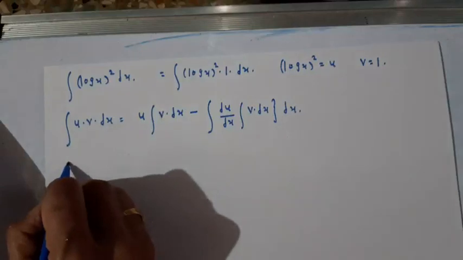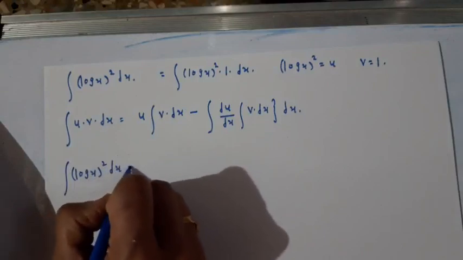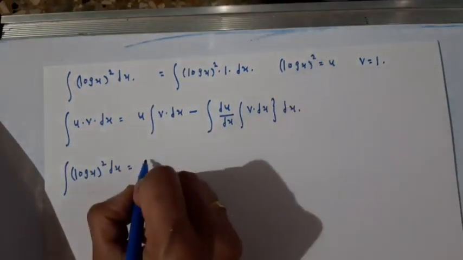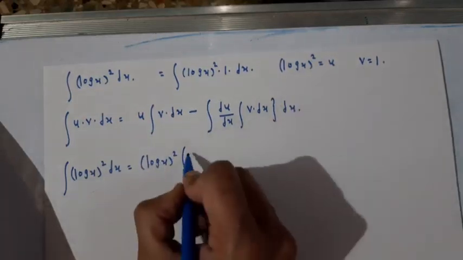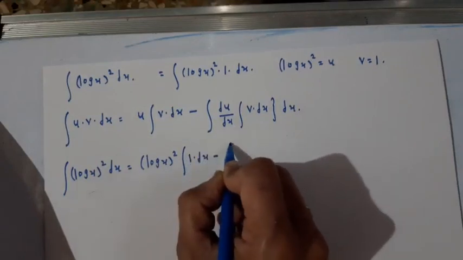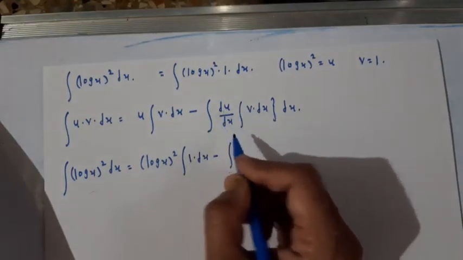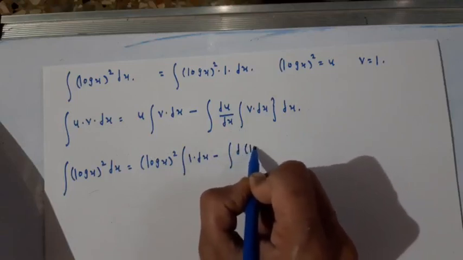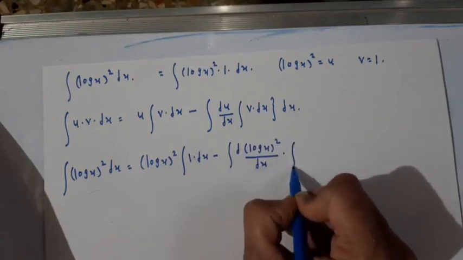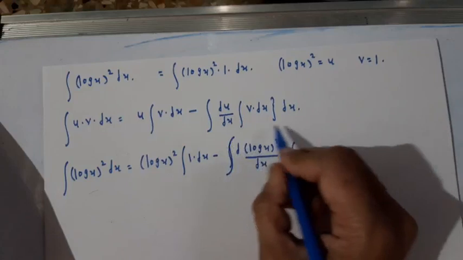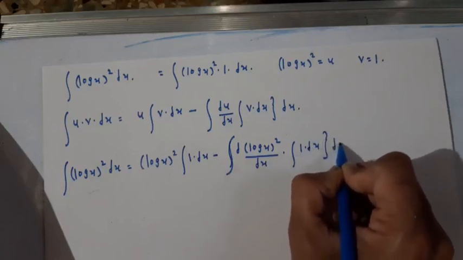So here the integration of log of x whole square with respect to x equals u, which is log of x whole square, into the integration of v, meaning 1 with respect to x, minus du by dx, meaning the differentiation of log of x whole square with respect to x, into the integration of v, meaning 1 with respect to x, and the whole integration with respect to x.